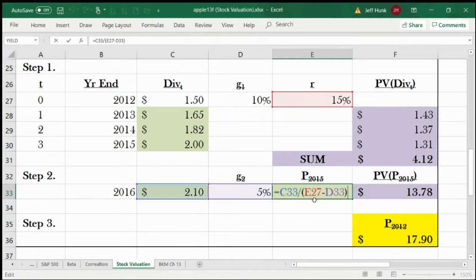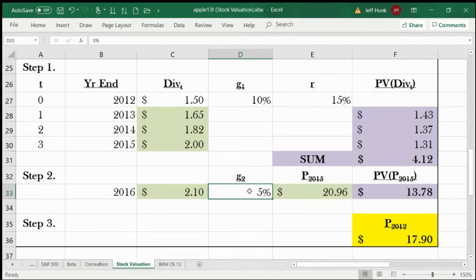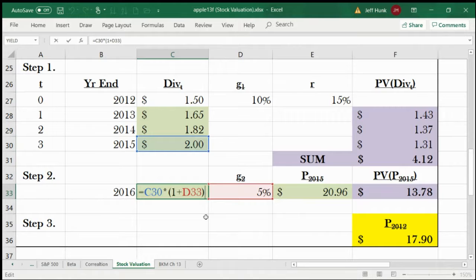So using the Gordon growth model, and because we know the growth rate of the second phase, which is 2016 and after, then we can make a forecast of the 2016 dividend, which is simply this times 1 plus this, right?